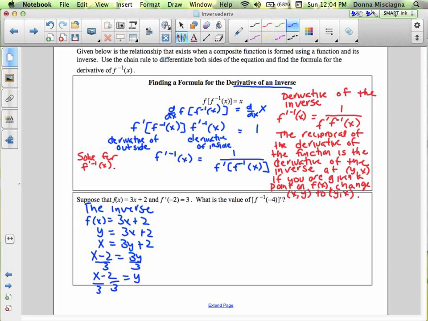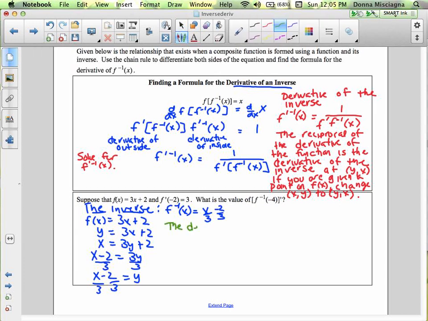And then we can switch that back, so our inverse here would be f inverse of x equals x thirds minus 2 thirds. So here we found the inverse, and now we're going to find the derivative.